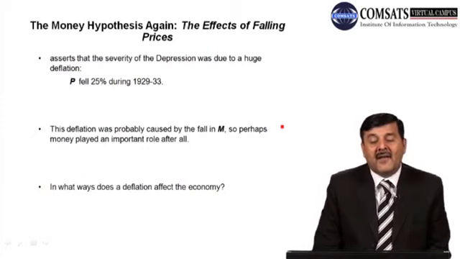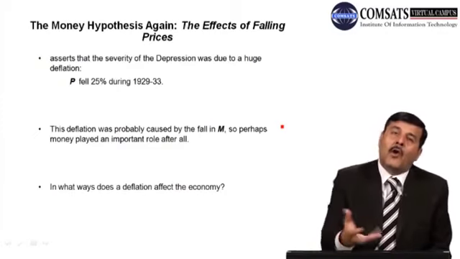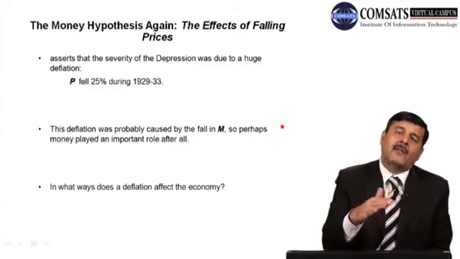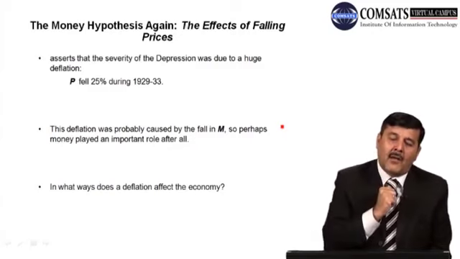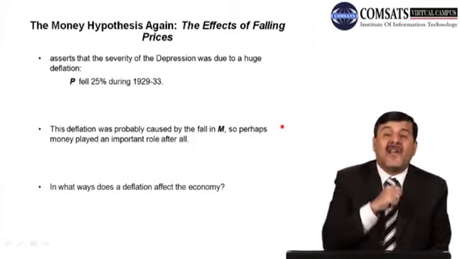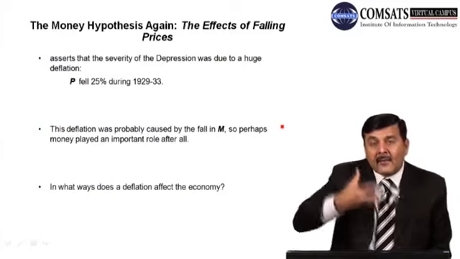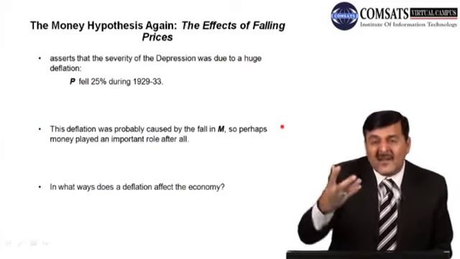The money hypothesis again: the effects of falling prices. क्या हुआ जब मनी सप्लाई में इतनी ज़्यादा कमी वाक़या हुई ग्रेट डिप्रेशन के दौरान, तो उससे प्राइसेस में बहुत ज़्यादा कमी वाक़या हुई. That asserts that the severity of the depression was due to huge deflation. So why was the depression so severe, so bad?